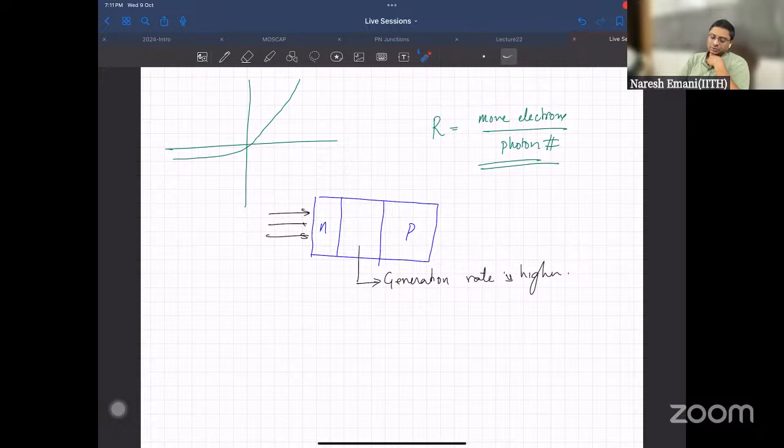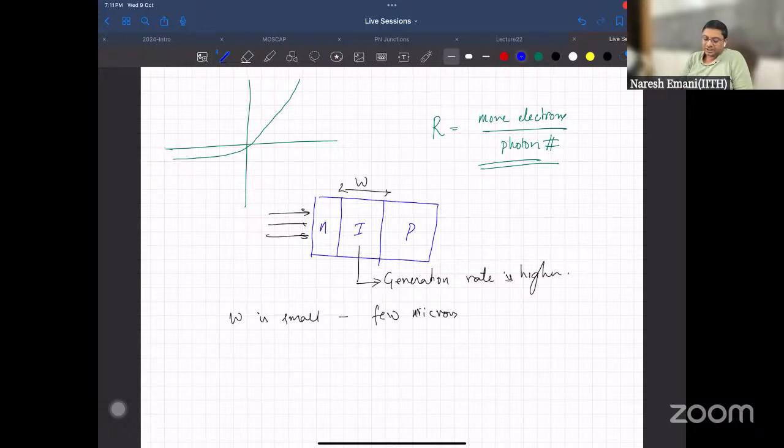If you take a very thick region, or a thin region, first let's start with the thin region. Let's assume this is the width of the depletion region, and it is small, a couple of microns. A few microns is actually quite large. Let's assume this is an intrinsic region, which is even better and more relevant.